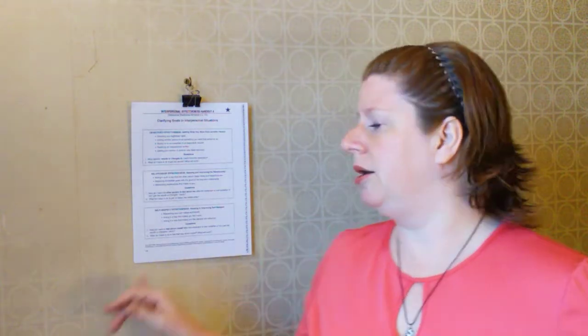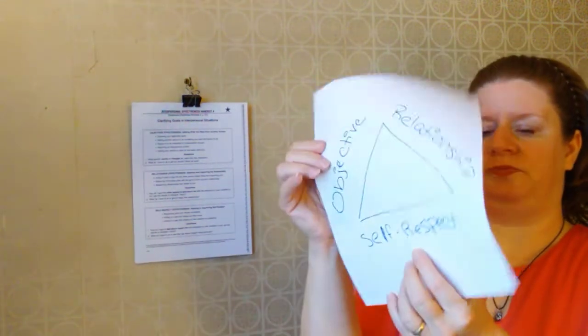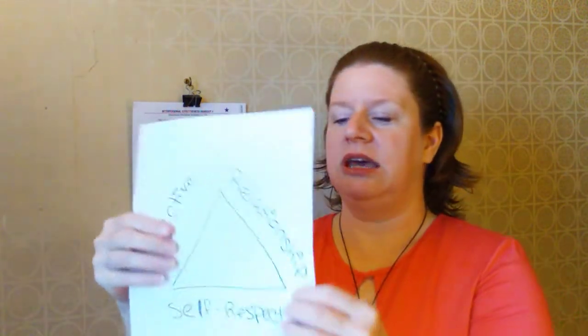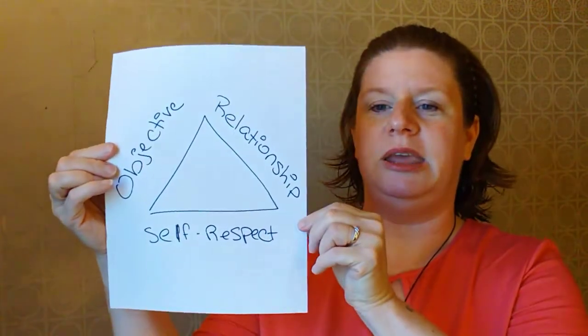With those 3 sides, I actually want to talk about this bottom category first, the self-respect. I have had several conversations recently about Machiavelli, who was an advisor to a king a long time ago. Machiavelli had this perspective that when you had an objective, you should seek it by any means necessary.